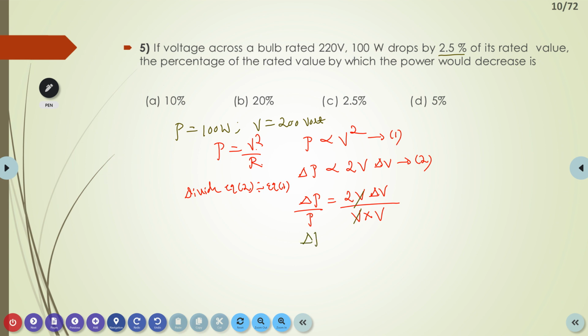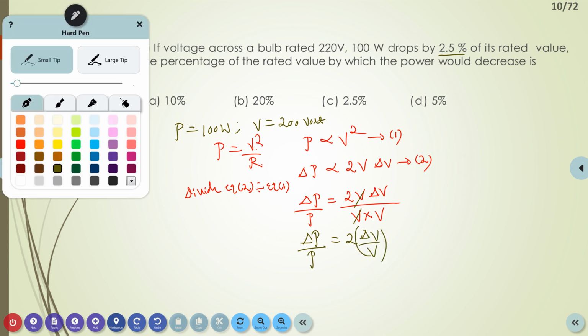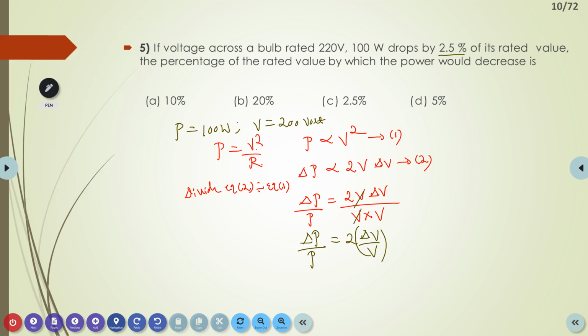So delta P divided by P equals 2 into delta V by what? V. Students, here you see the change in the voltage drops by how much? 2.5%. So this is equal to 2 into 2.5%. It is nothing but 5%. So the power would decrease by how much? It is 5%.